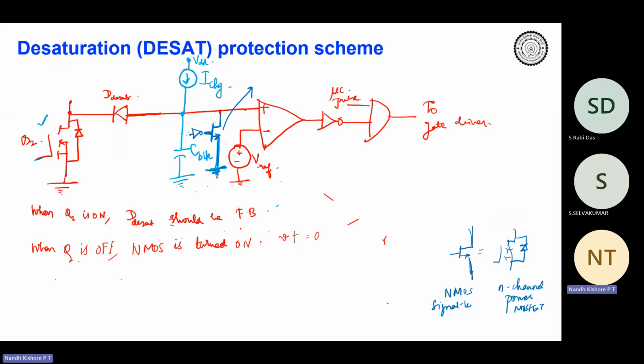So this was during the device turn off condition. And when Q2 is turned on, the diode, the D side, should be forward biased. Okay. So how do we do that? I need to have a voltage over here which is more than my VDS, right? I need some voltage, a ballpark figure.